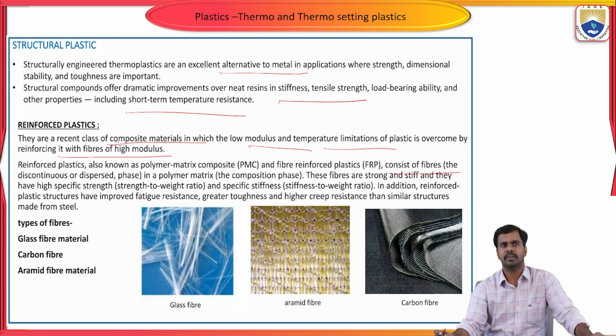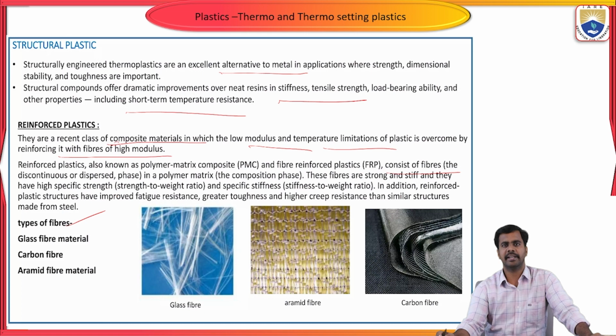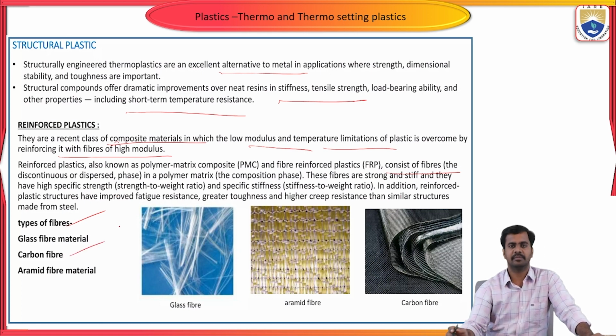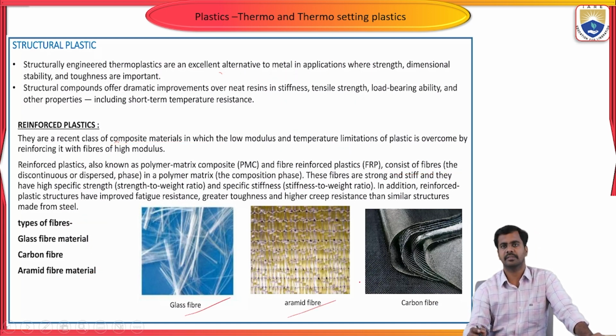In addition, reinforced plastic structures have improved fatigue resistance, greater toughness, and higher creep resistance than similar structures made from steel. So, types of fibers are glass fiber, carbon fiber, and aramid fiber materials.